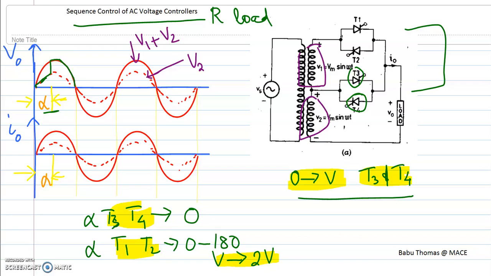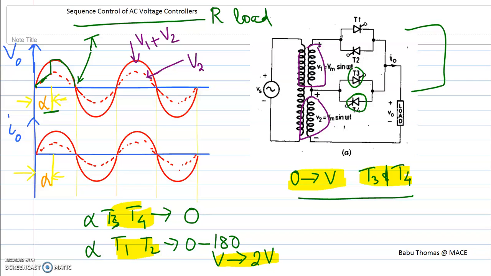And once it reaches an angle pi, the thyristor T1 is commutated because it's a resistive load, and we are giving the firing pulse to the thyristor T4 at alpha equal to 0.